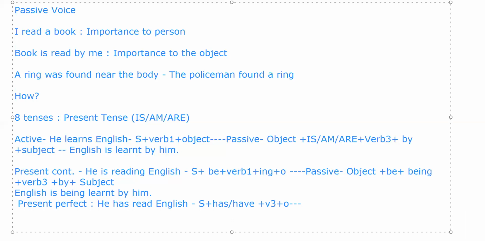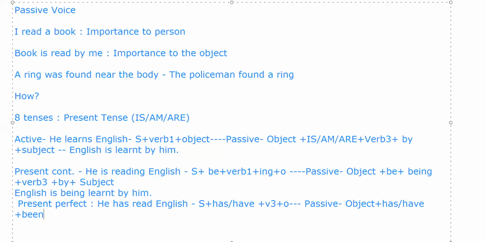The passive for this will be, again, importance to the object plus has, have, along with been, and the verb's third form, and by will be there, which is common in all the cases.